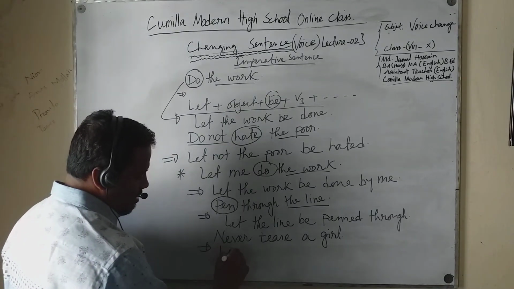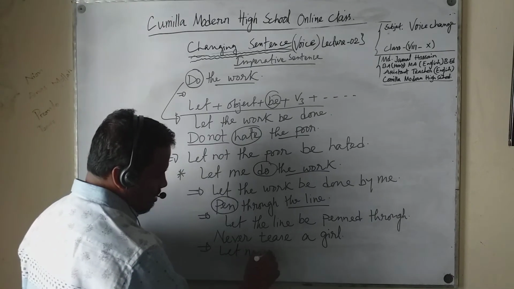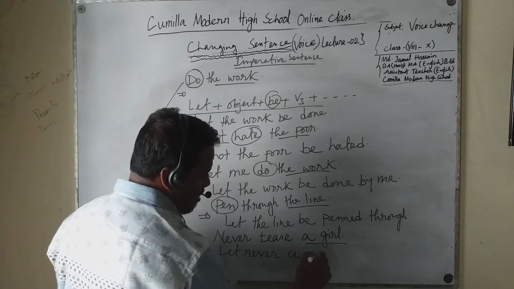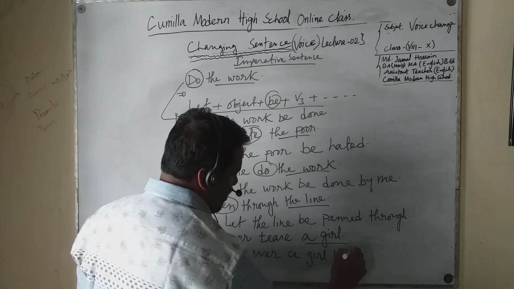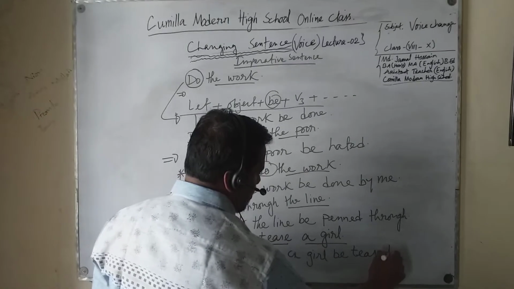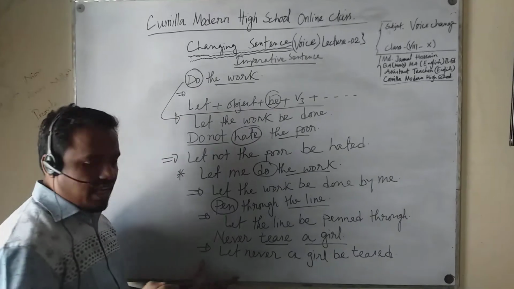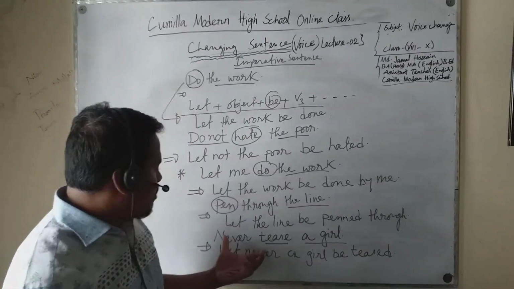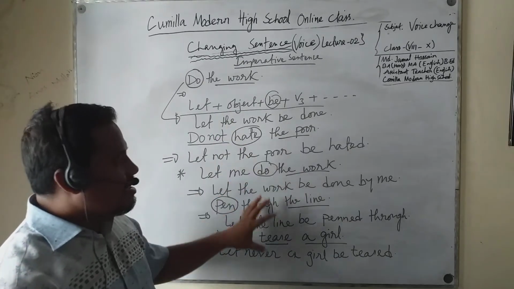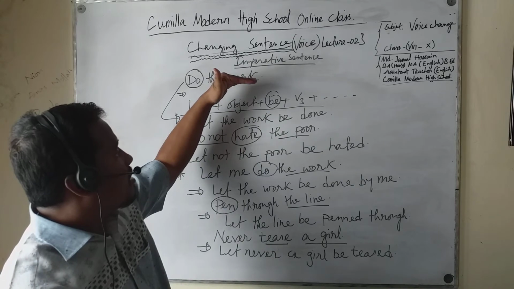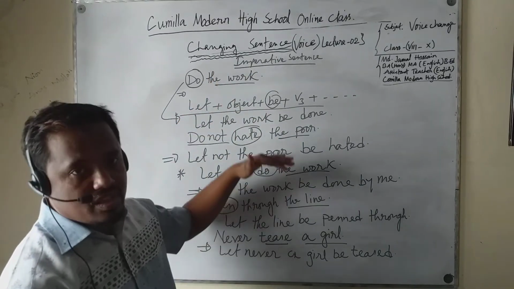Let never, a girl is the object here, a girl be teased. Okay. Let never a girl be teased. So these are the passive voices of imperative sentences, and you have to transform the sentence in this way.